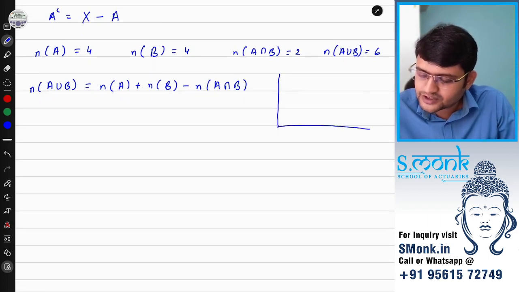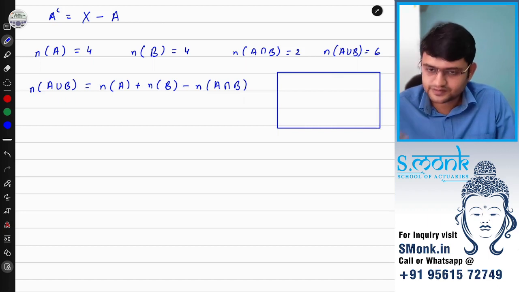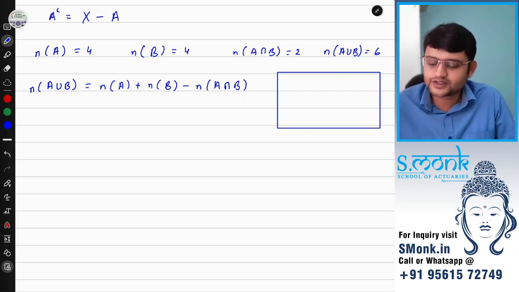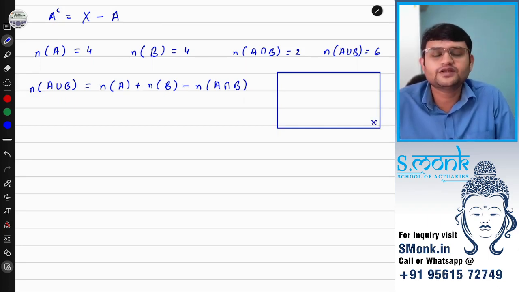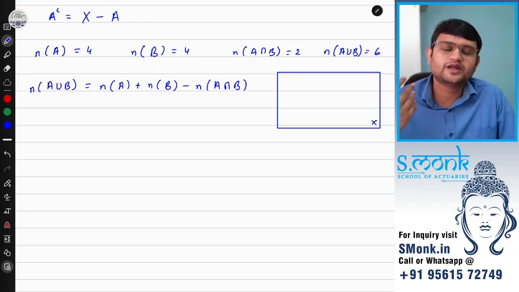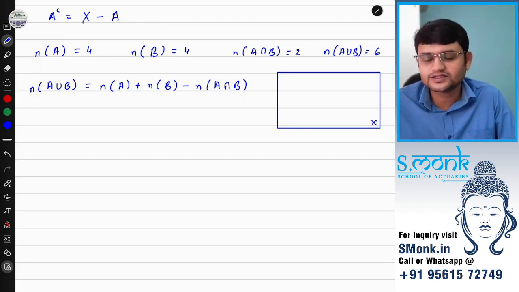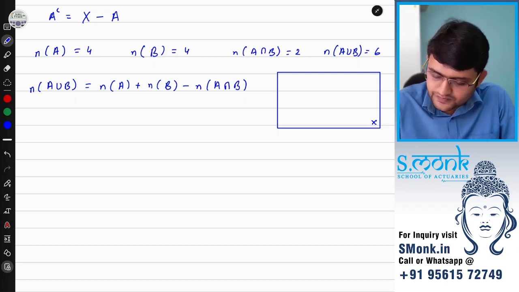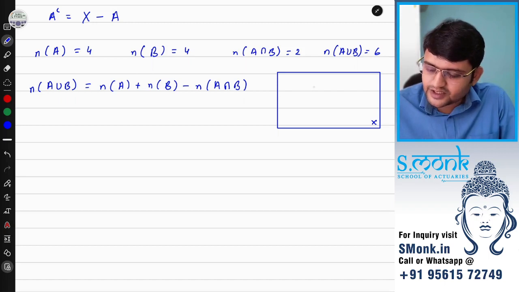Venn diagrams are just diagrams which are used to represent sets. In a Venn diagram, we make a square, that is the universe. The universal set can be written as U, X, S, whatever you want. I write it as X. Then the sets are represented with circles.